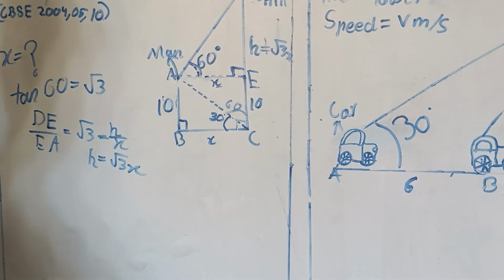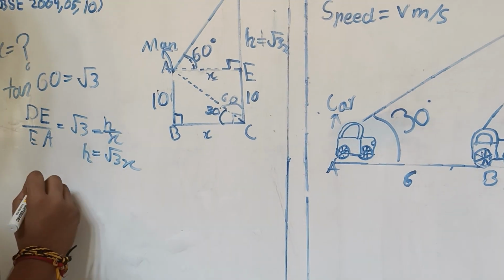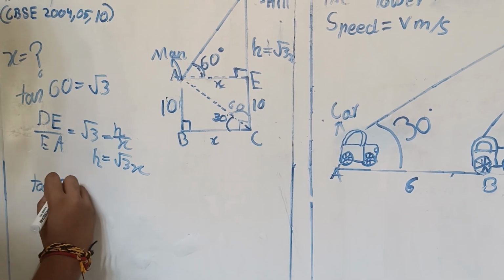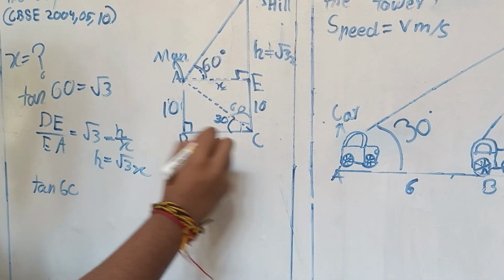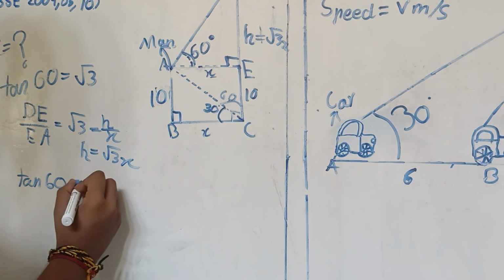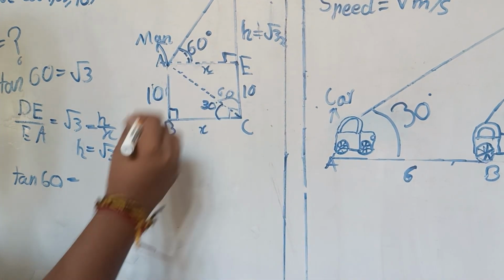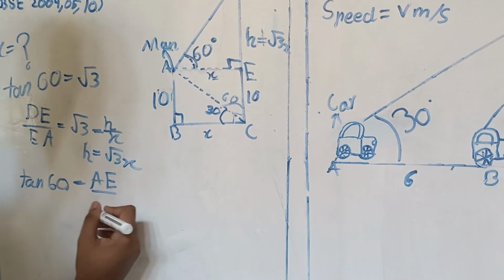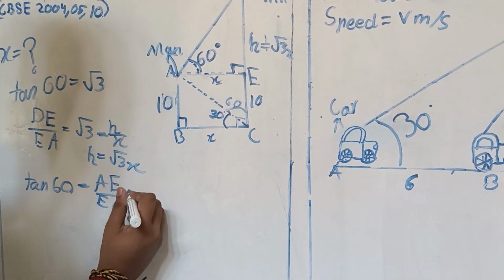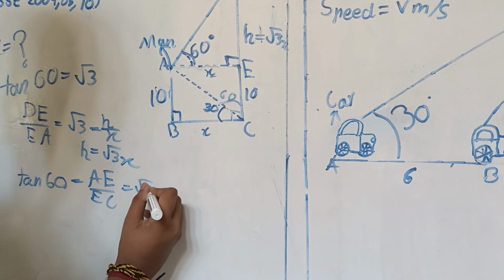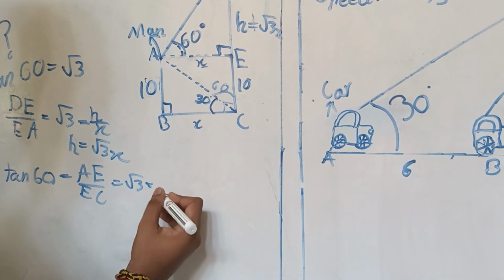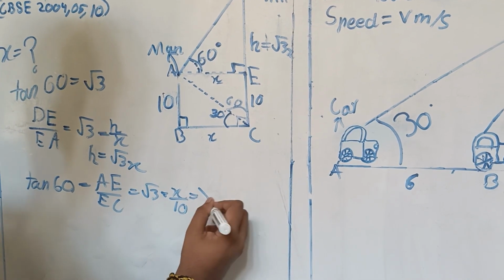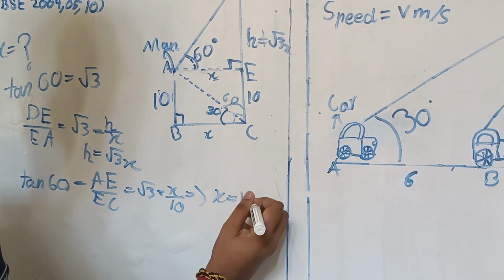So we take tan 60 for triangle AEC, which is equal to AE by EC. Tan 60 is also root 3, so it is x by 10. So x is equal to 10 root 3.